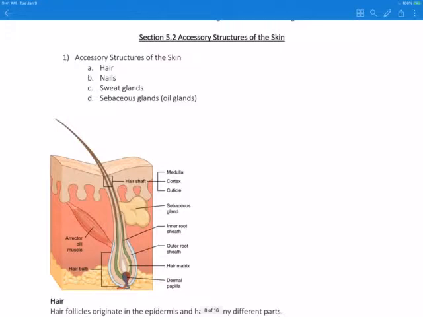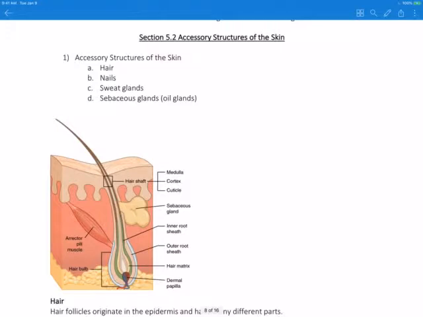First, if you look at this picture, you can see the accessory organs such as the sebaceous gland. You can see the hair. You can also see the hair follicle or the bulb. Basically the hair follicle originates in the epidermis, and it can extend all the way into the dermis and sometimes the hypodermis.